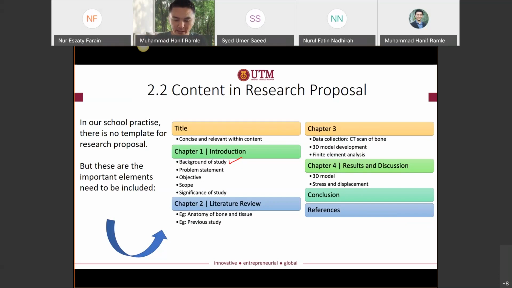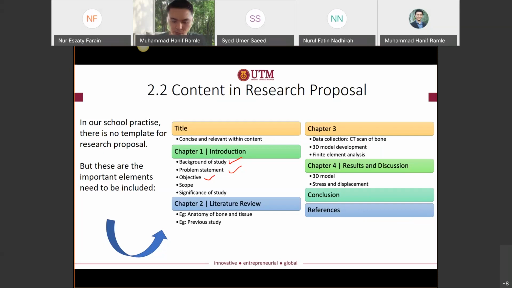Then the problem statement: the problem that exists in the literature and is not yet solved by others. From the problem you create the objective, to solve the problem, to give some overview and also some results to overcome the problem.